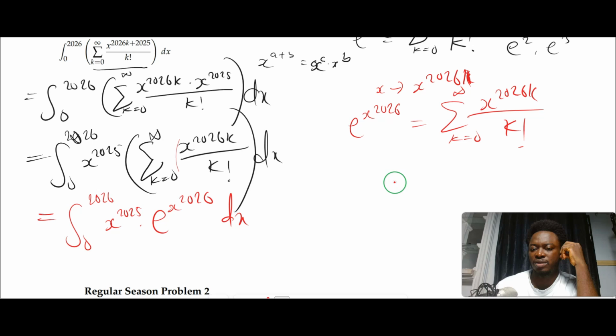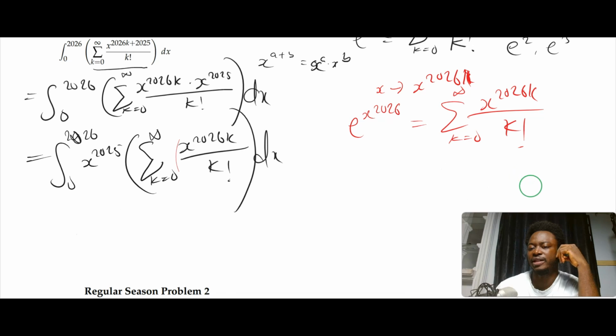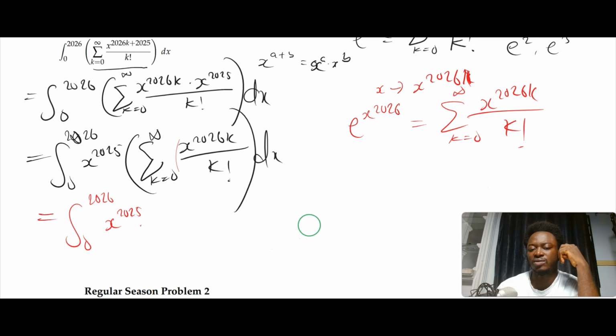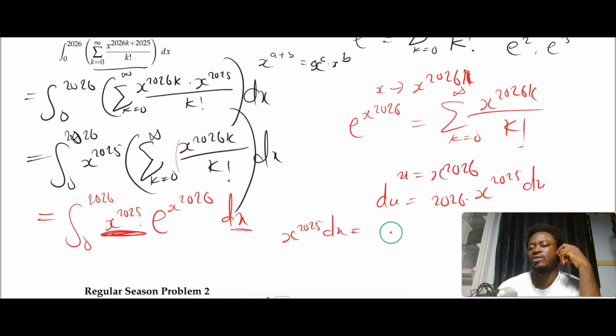Then next up, you could take u to be x to the 2026, and you notice that du would be 2026 multiplied by x to the 2025 dx, which means that x to the 2025 dx is equal to du divided by 2026.